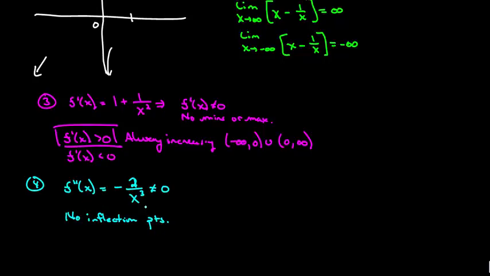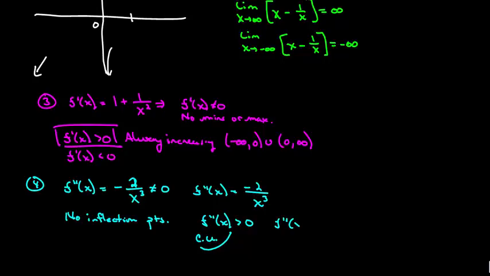However, we can use this to discuss concavity. And so, for part 4, we'll take this function right here, f double prime of x, which is negative 2 over x to the third, and we'll ask ourselves, when is it positive and negative? When f double prime of x is greater than 0, that means the slope is increasing, which means that we've got a situation where we have concave up.